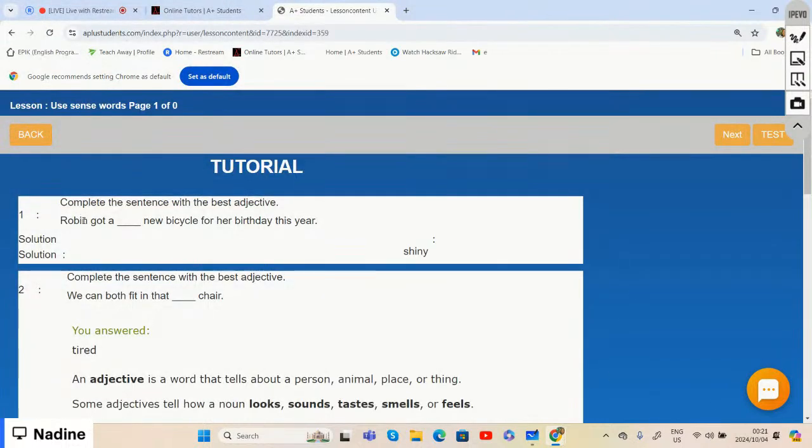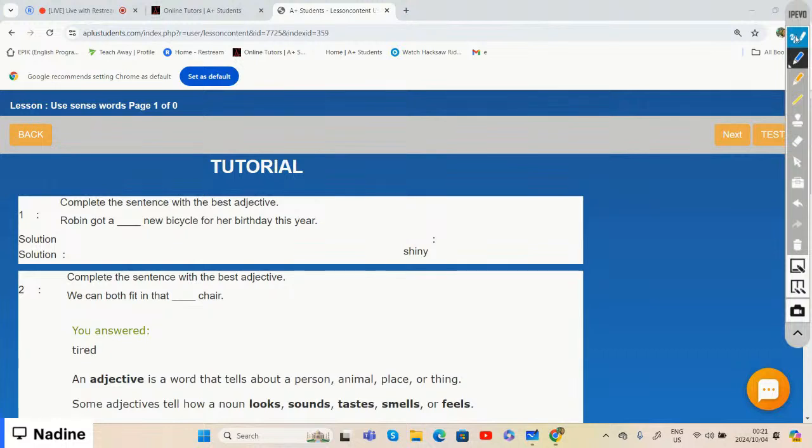And it says, Robin got a new bicycle for her birthday this year.